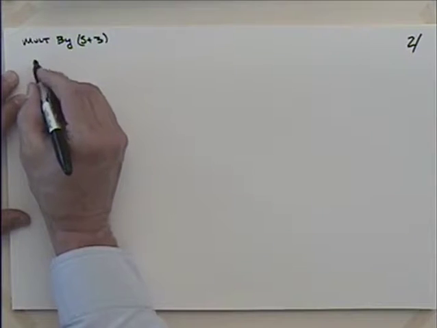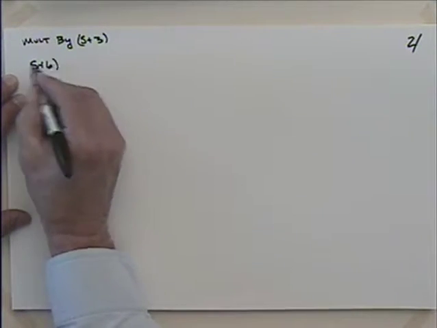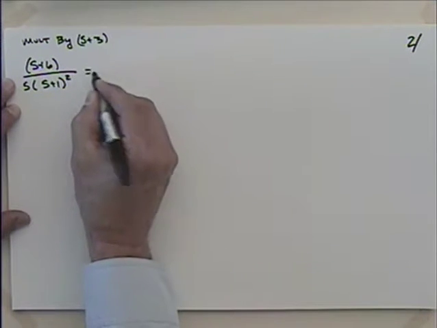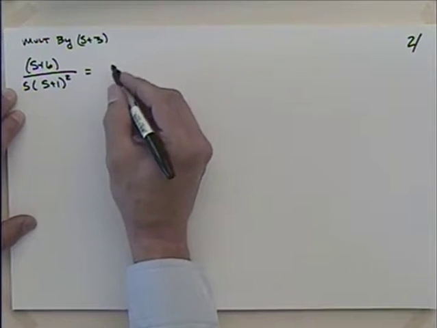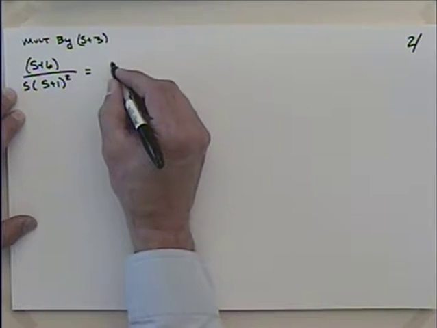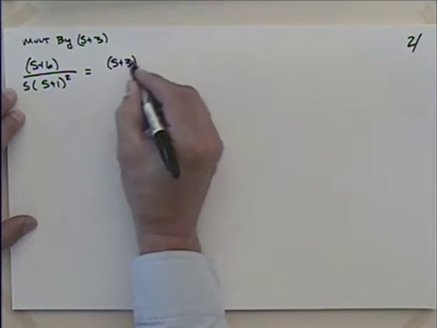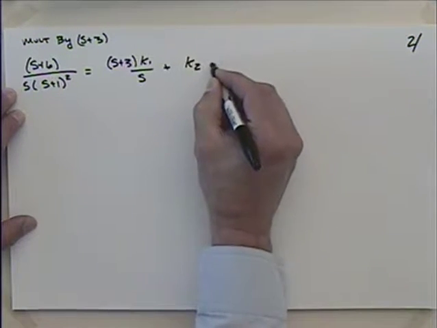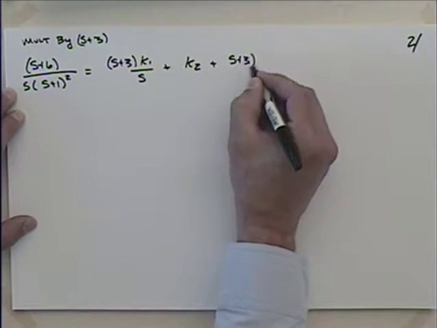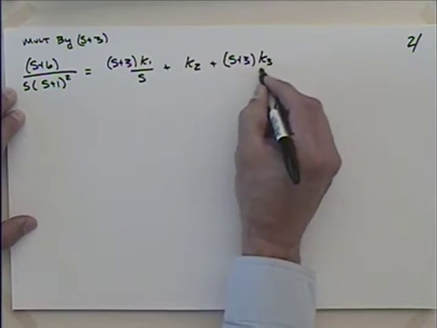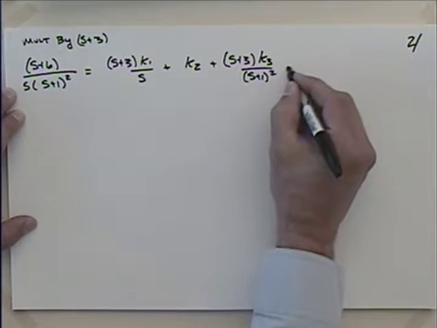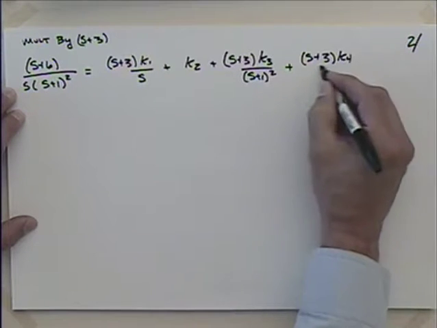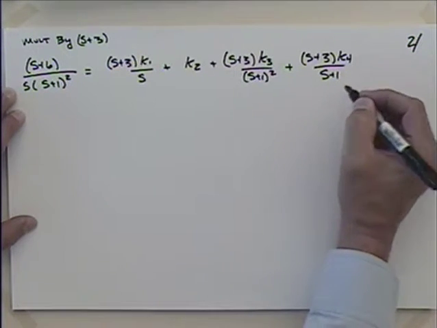So when I do that, I come up with s plus 6 divided by s times s plus 1 squared is equal to s plus 3 times k1 over s plus k2 plus s plus 3 times k3 over s plus 1 squared plus s plus 3 times k4 divided by s plus 1 to the first power.